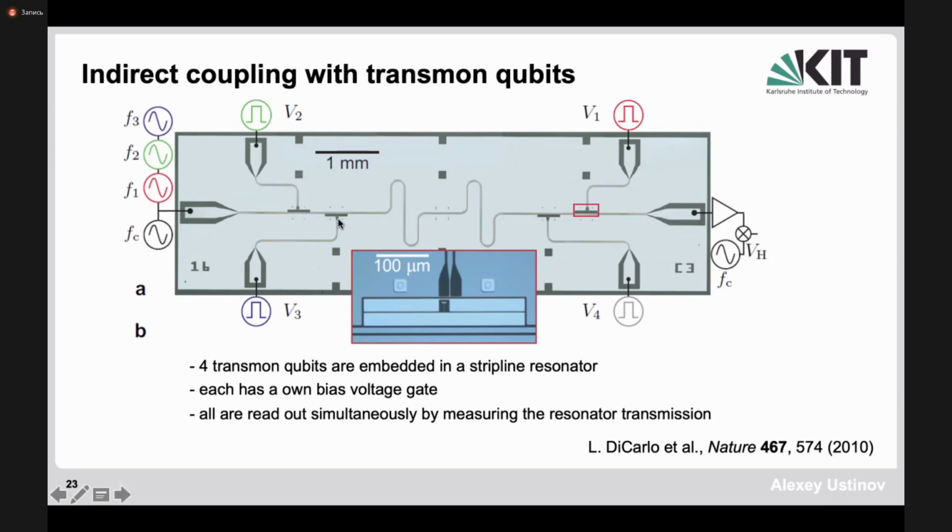They had 4 transmon qubits. They were reading out these transmon qubits via the cavity, which was formed by this little gap at this point and also at that point. Each qubit was detuned from the cavity, but at the same time, the qubit was coupled to the cavity capacitively.